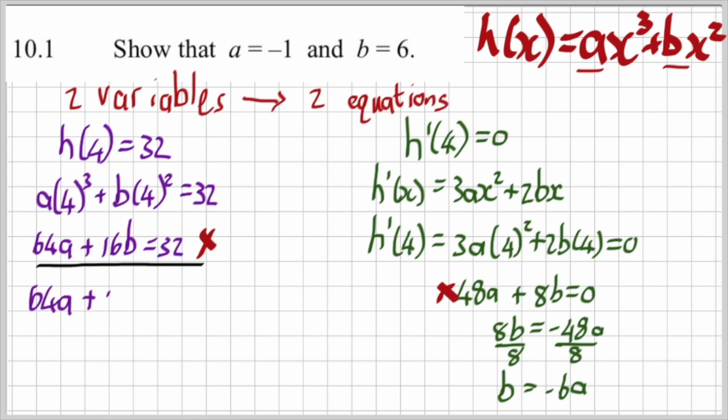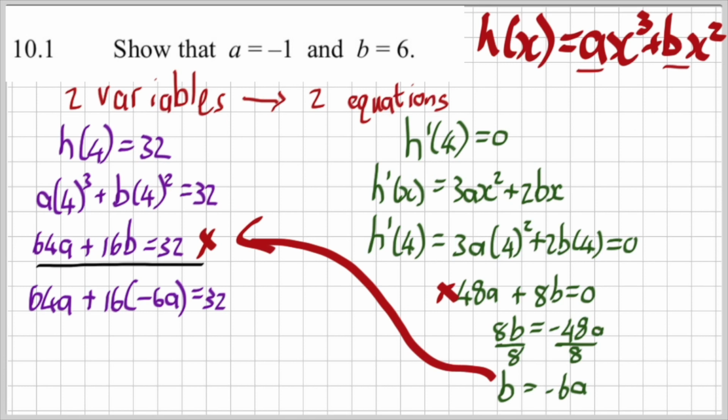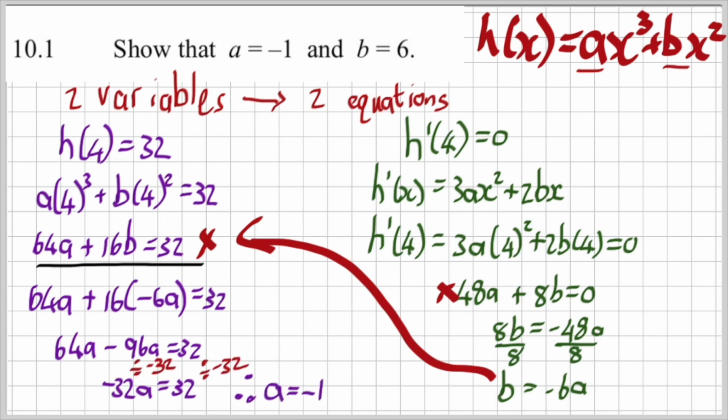Substituting that into the other equation, I am getting 64a minus 96a, which is 32. So negative 32a is equal to 32. Dividing by 32 on both sides leaves me with a equal to negative 1.